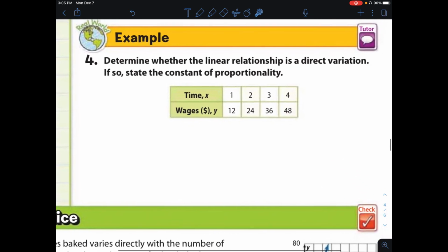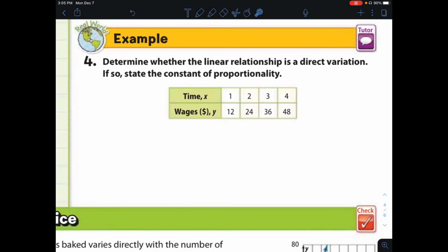So the final example is example number 4. It's asking: determine whether the linear relationship is a direct variation. If so, state the constant of proportionality. So we want to make sure if it's a direct variation, and we need to state the constant of proportionality.